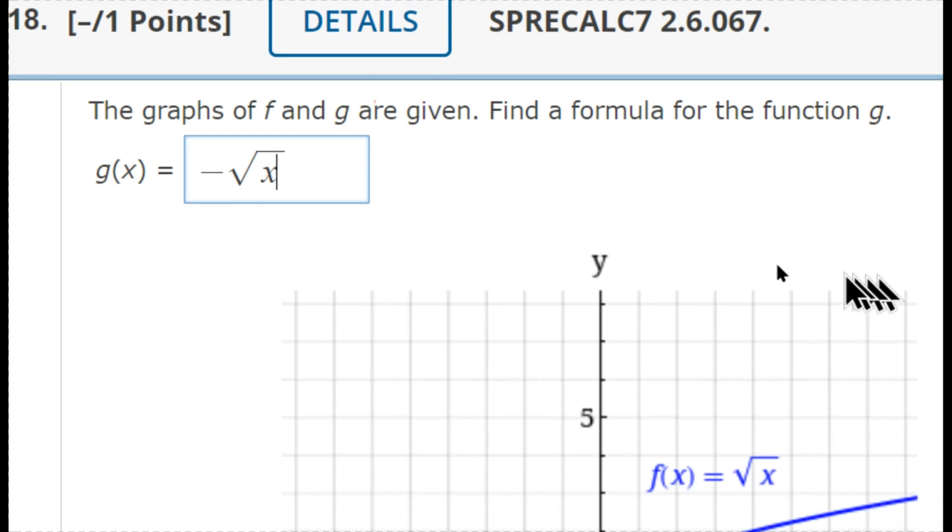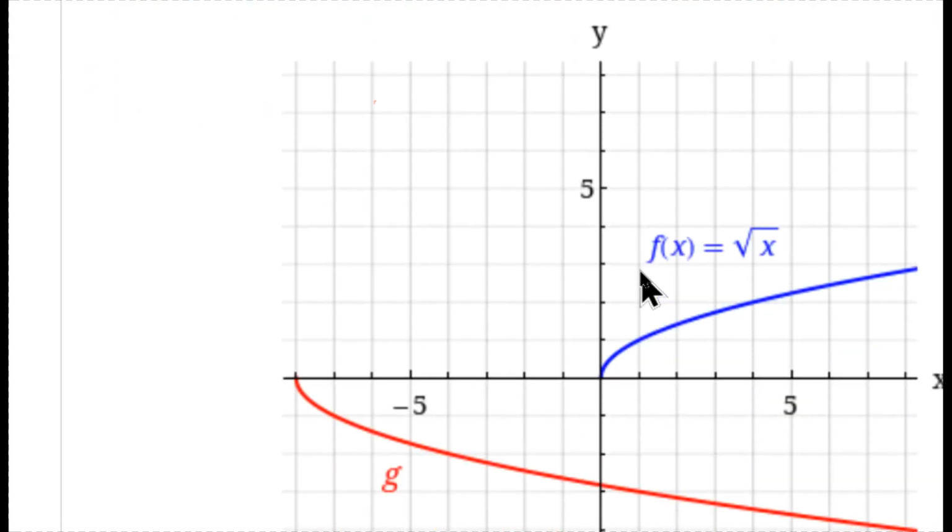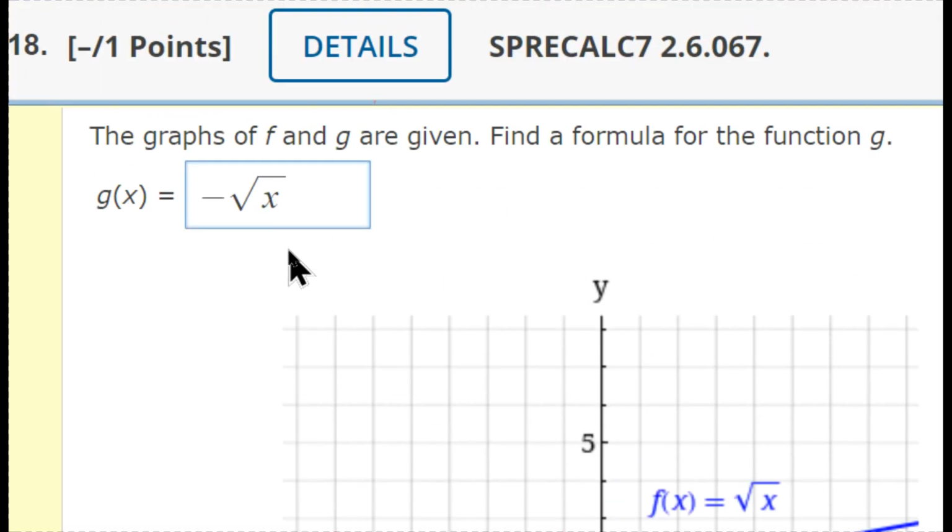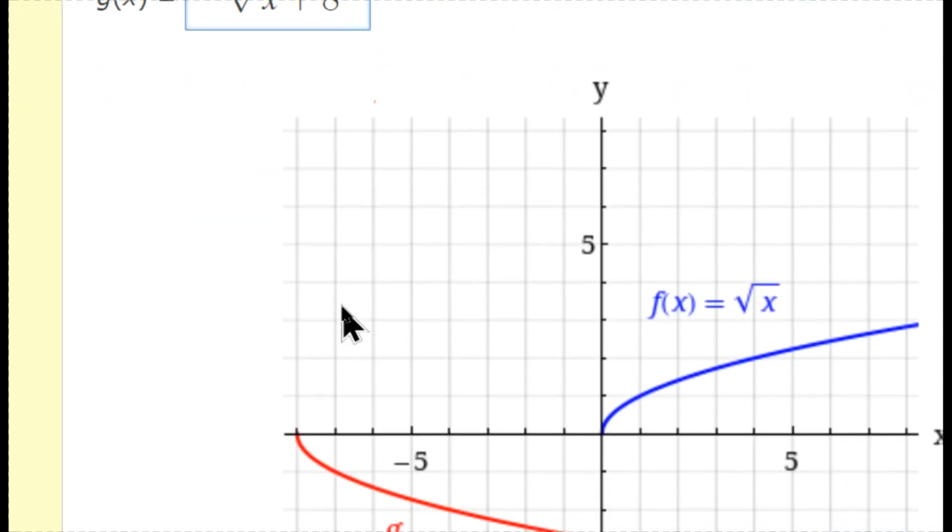There, now it's reflected about the x-axis because I made all the y values the opposite sign. And now it needs to shift to the left by 8 units. There, when I put in the minus 8 for x, I get a y value of 0.